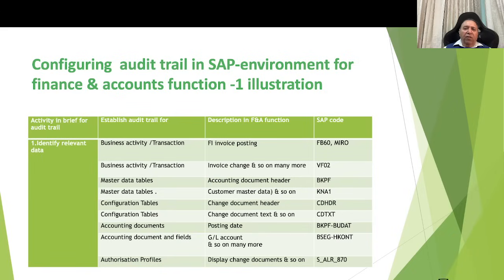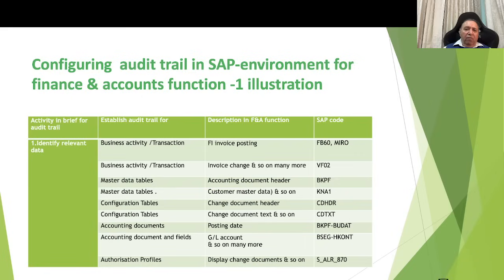For the FI invoicing, the SAP code is FB60, MIRO, and for invoice changes, sales invoice changes are like VF02. These are changes to be tracked: who had made the changes, when, and for how long the system was accessed. That is captured in the CDPOS table.